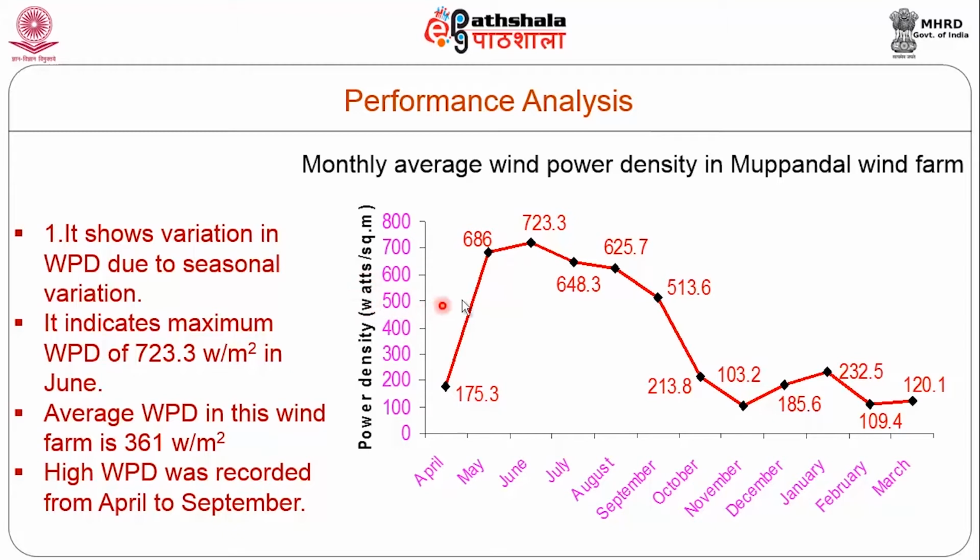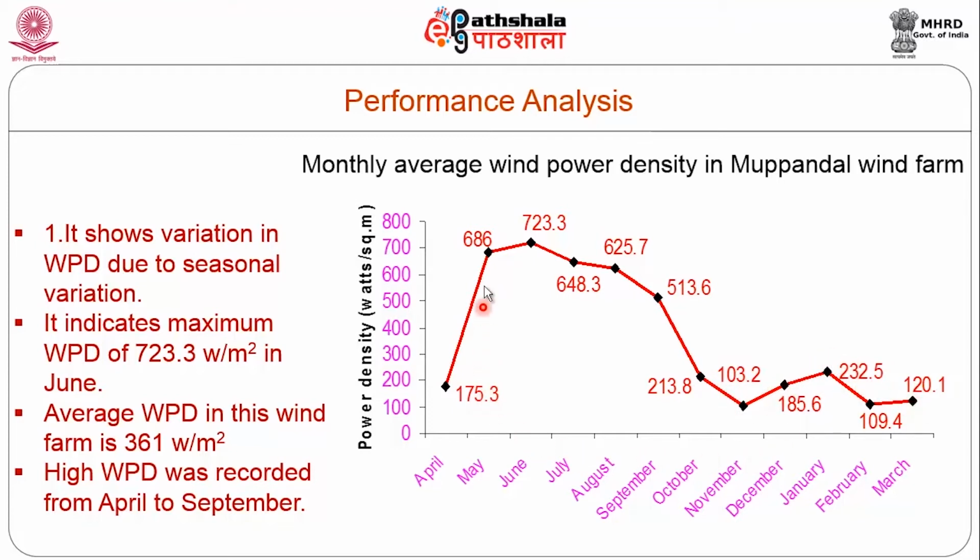From the month of April to March it is given, and from May, June, July till August, the wind power density is quite good. It is in watt per square meter. And in November, December, January, February, it is quite low, even till March, because of low wind.